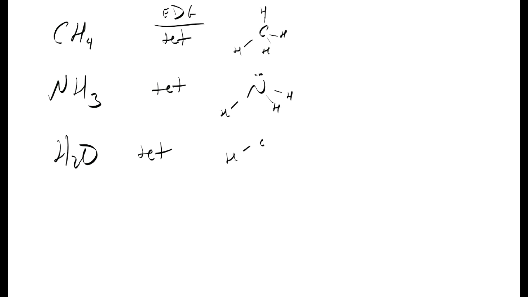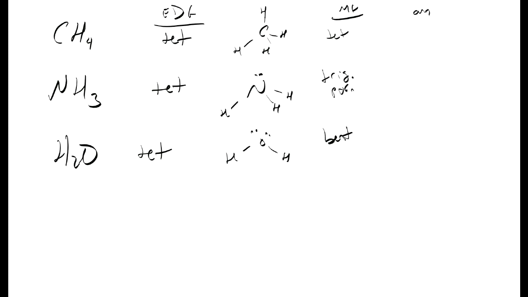And here is water. And so because of that, they have different molecular geometries because they have different numbers of non-bonding pairs. So this is still tetrahedral up here for methane, but it's trigonal pyramidal for ammonia and just bent for water.